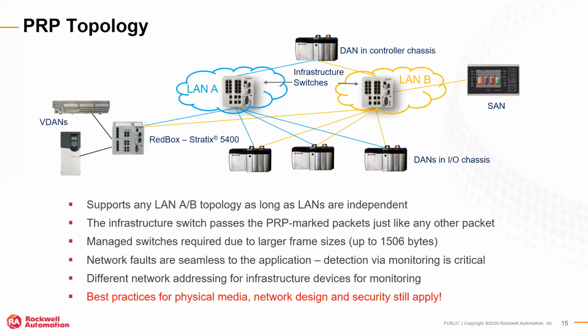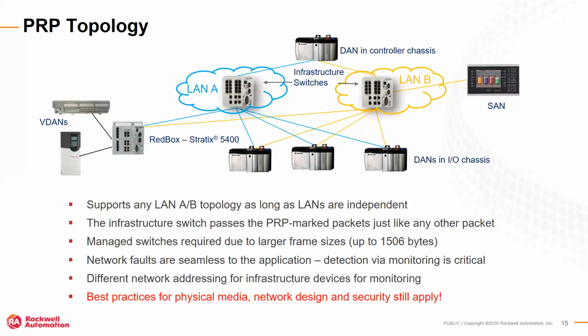A couple of things that we want to make sure we understand before we go forward. First of all, inside LAN A and LAN B here, we just see clouds. We're going to define a lot of different potential architectures, what you can do, and also some things you cannot do in a PRP network. But inside those LAN A and LAN B clouds, those switches need to be managed switches.